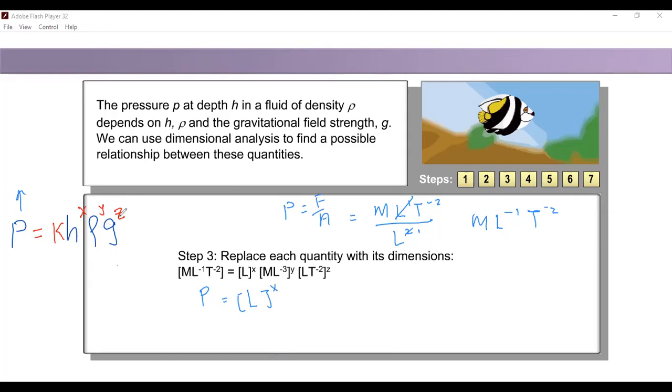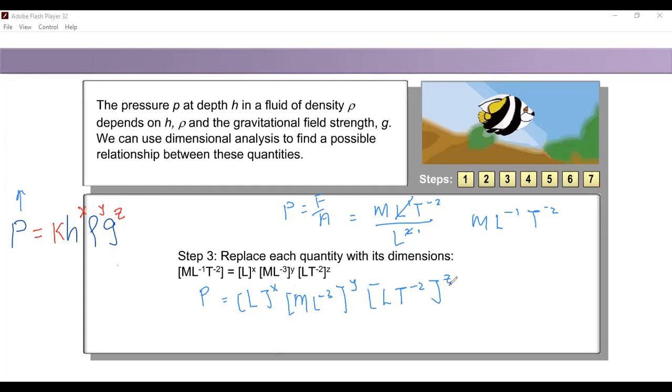Rho is y. Density is the mass over the volume. So now the power y. And G is the gravitational acceleration. Acceleration is L T negative 2.